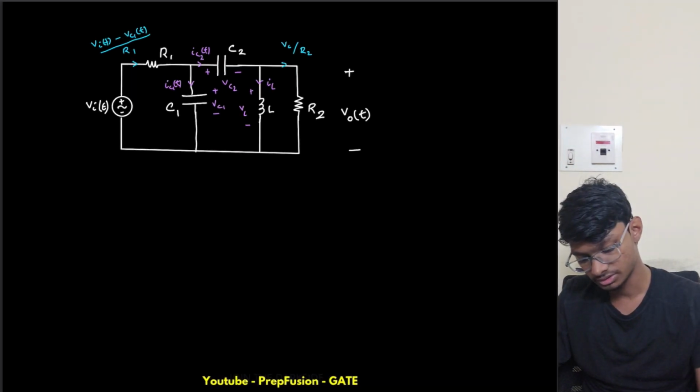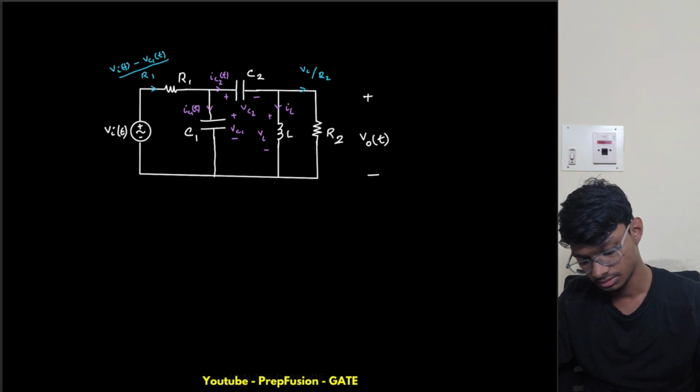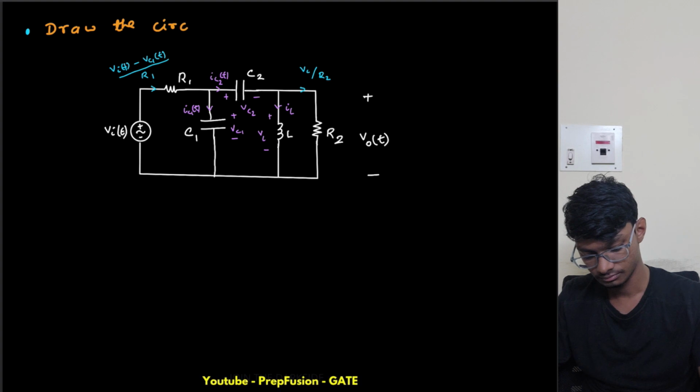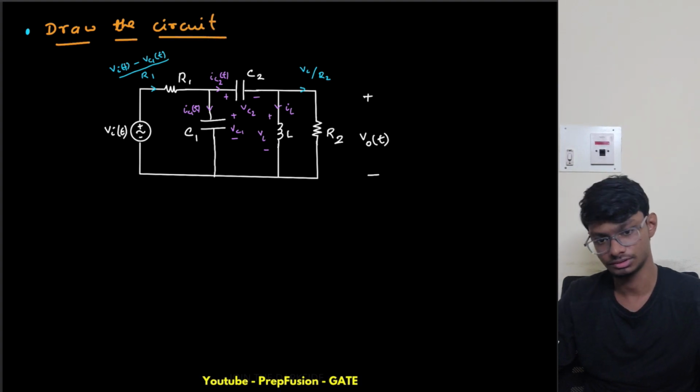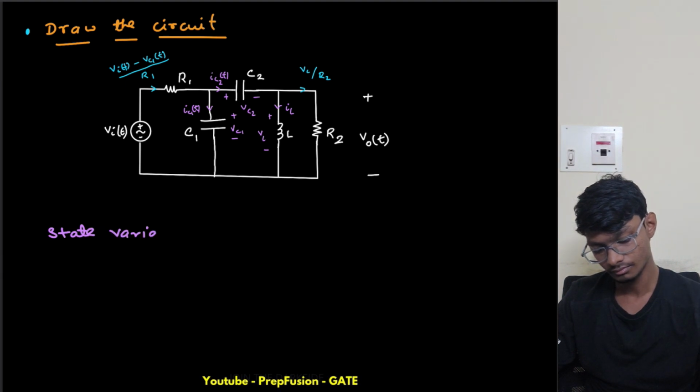So first let me write this circuit, then we'll solve. So this was step 1: draw the circuit. So what will be my state variables here?